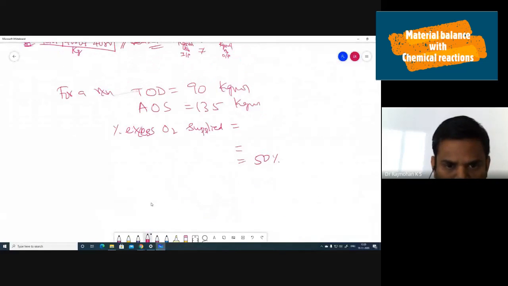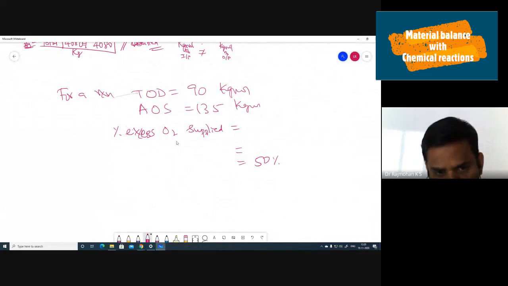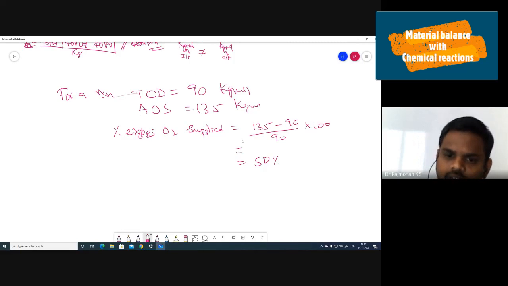So you should be able to write a general formula to get the percentage excess oxygen supplied. How will it be? Check it. 135 minus 90 divided by 90 into 100, right? So what you get is 45 by 90 into 100, which is 50%.